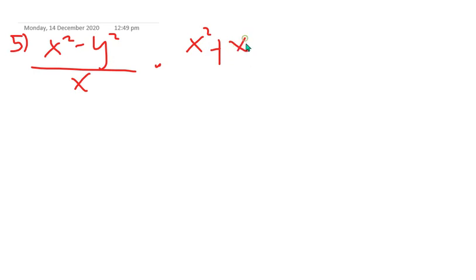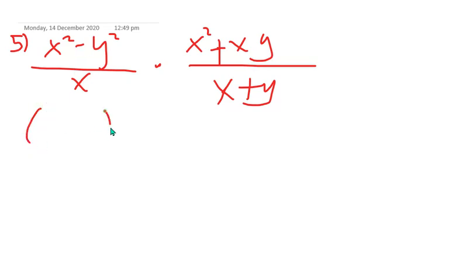Okay, how about if you have x squared minus y squared over x, times x squared plus xy over x plus y. Okay? So, we're going to factor the numerator, and what kind of factoring are we going to use? So, we're going to use the difference of two squares.